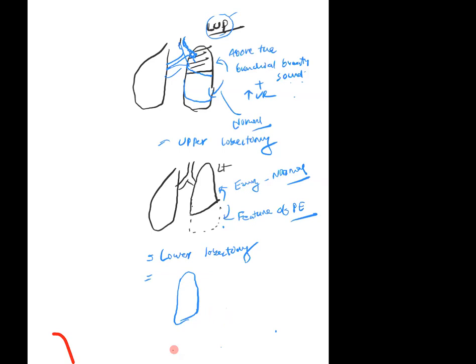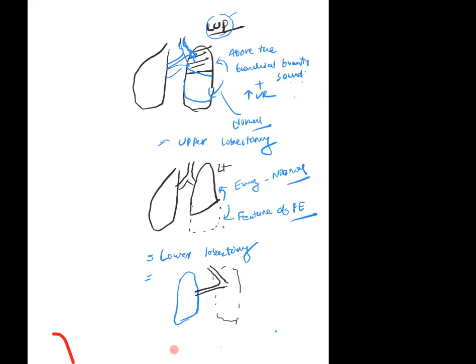So this is your trachea. What will happen to the trachea? The trachea will go to the left side, and then it comes to your right side. There is an empty chest here, no lung tissue. So what will you find?